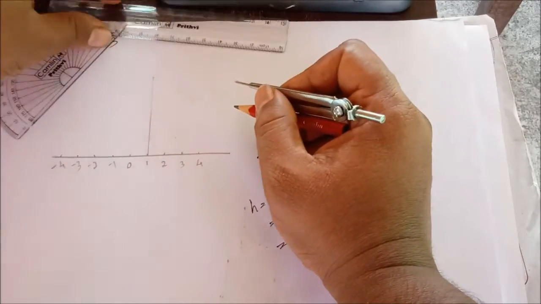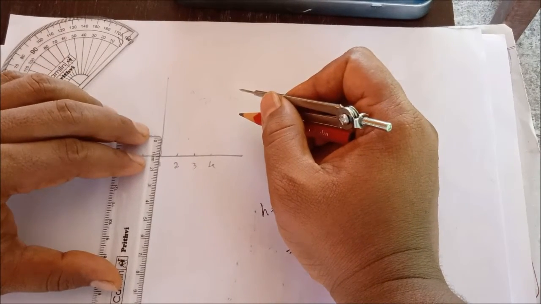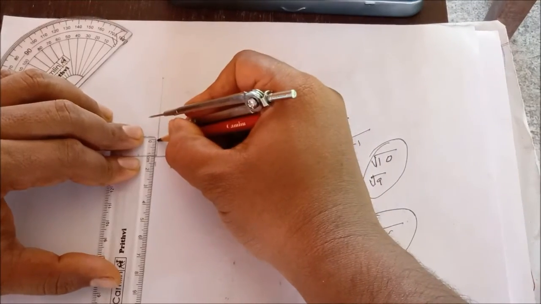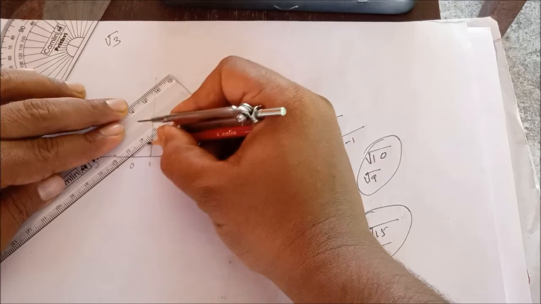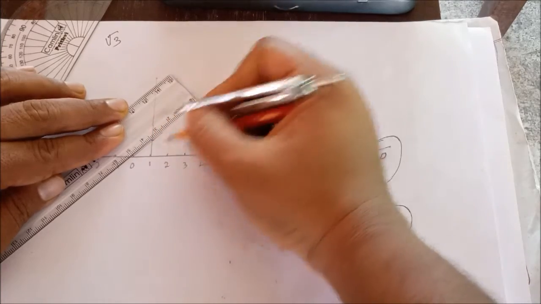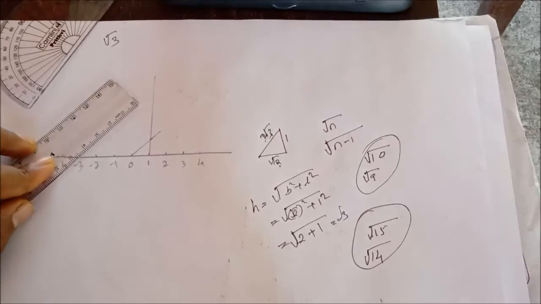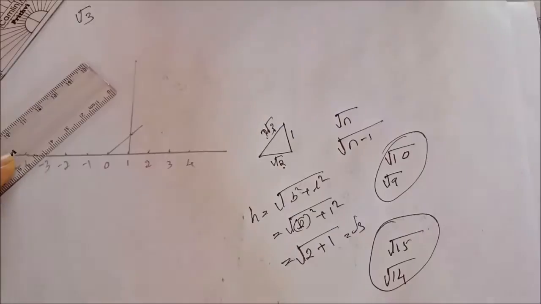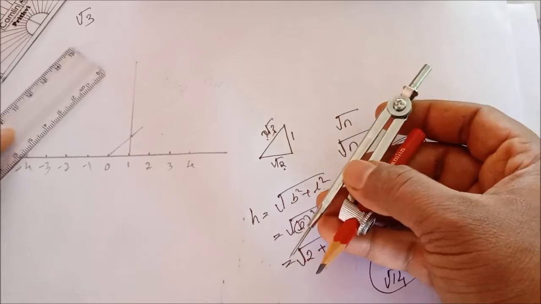Now we take 1 centimeter on the scale and mark 1 centimeter here. Join this point with 0. Okay, now we got a triangle.